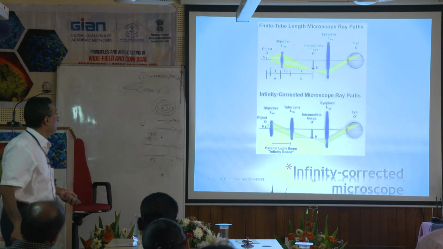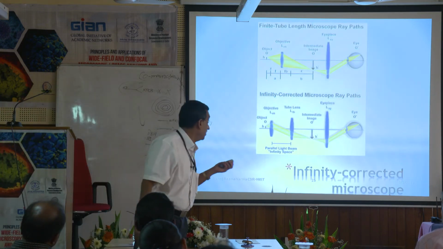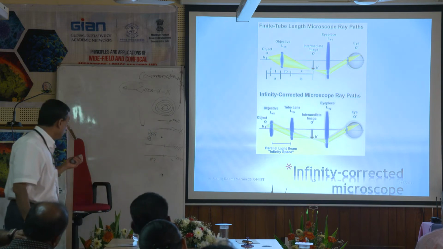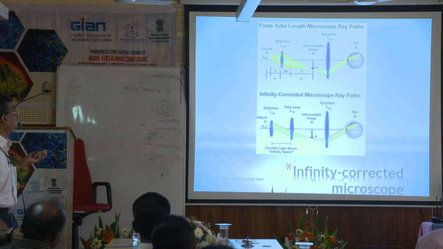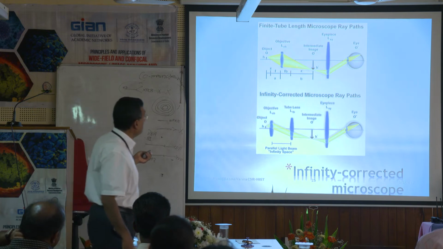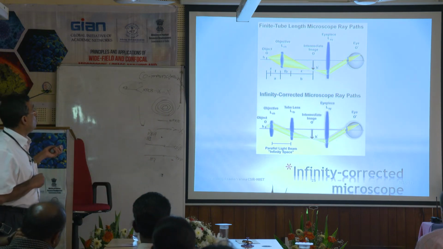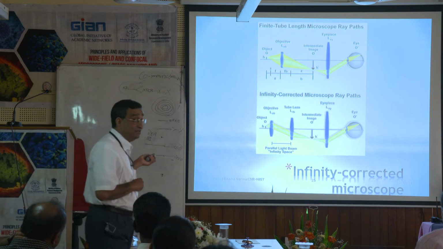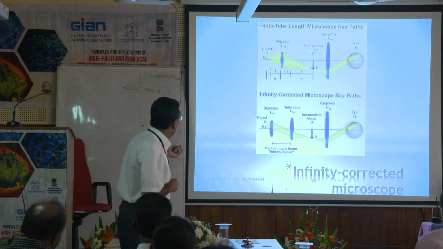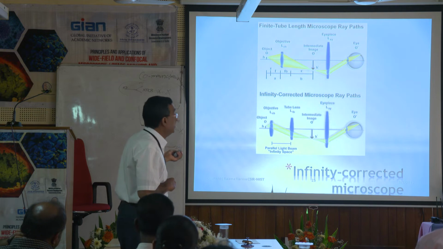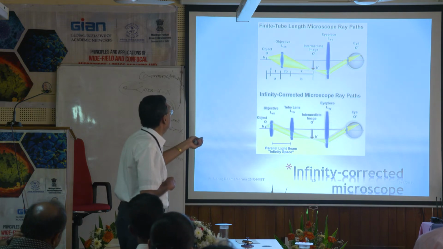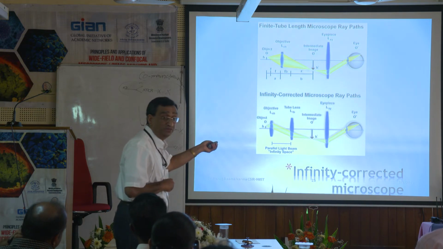Okay. And you have two types of microscopes. One is the finite tube length microscope, and I have shown the ray paths here. For example, it has an objective. The objective produces an image in the intermediate image plane, which is viewed by an eyepiece, and you get the final image.